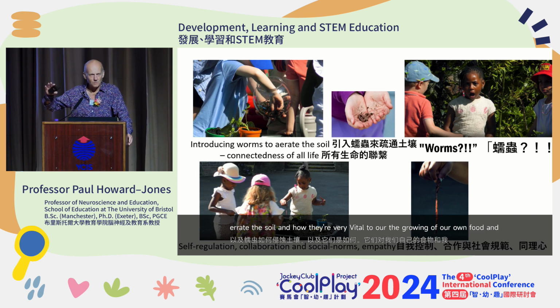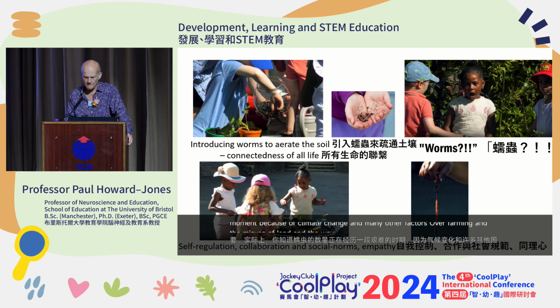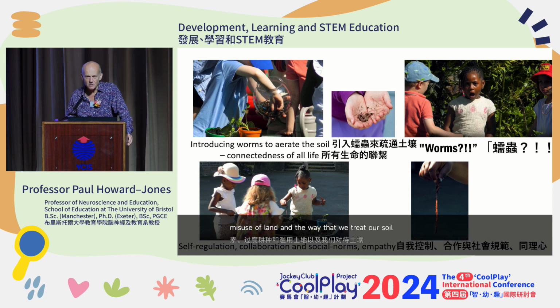And actually, the worm population is having a hard time at the moment because of climate change and many other factors, over-farming and the misuse of land and the way that we treat our soil. So it was a very good thing for us to introduce the children to worms, and we asked them to put the worm in the flower pot.